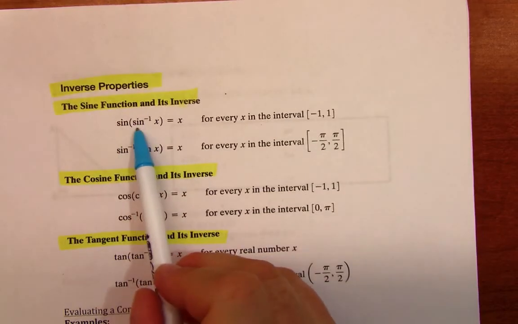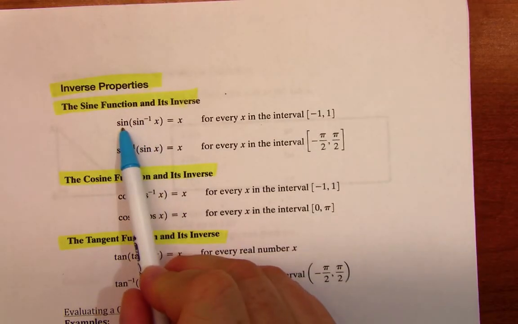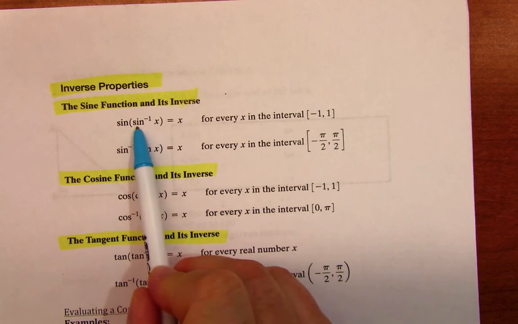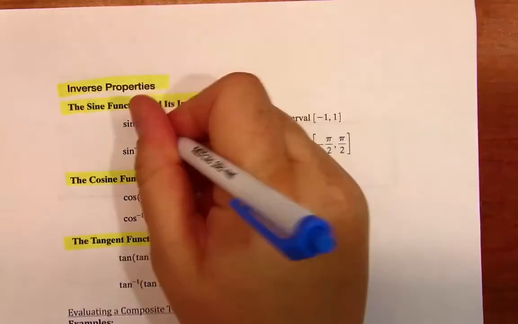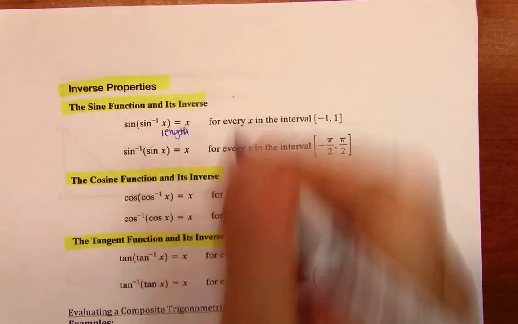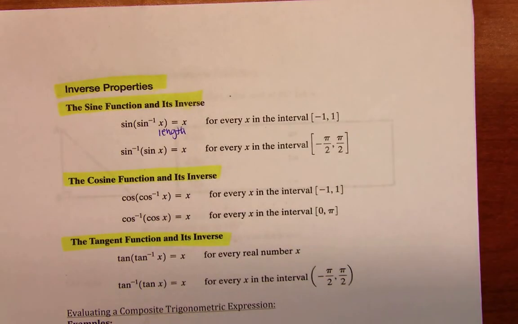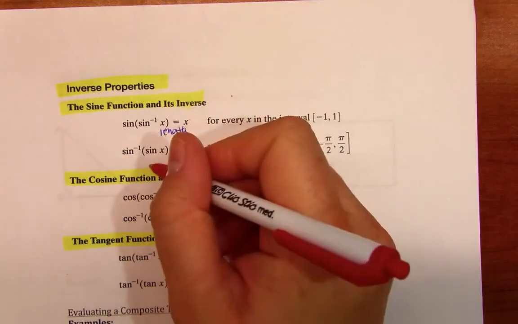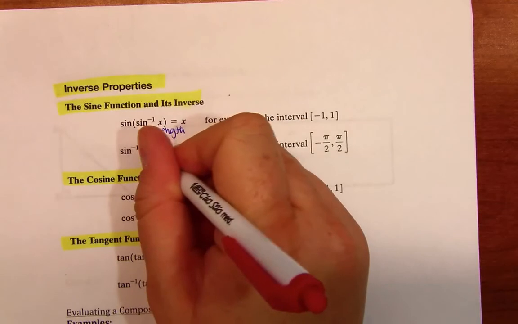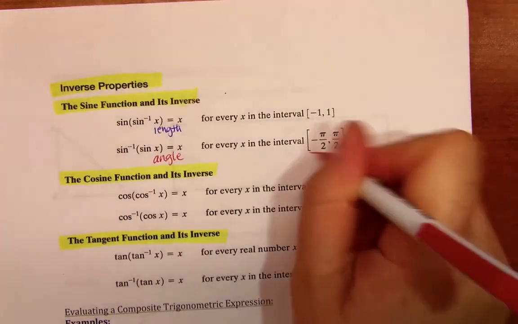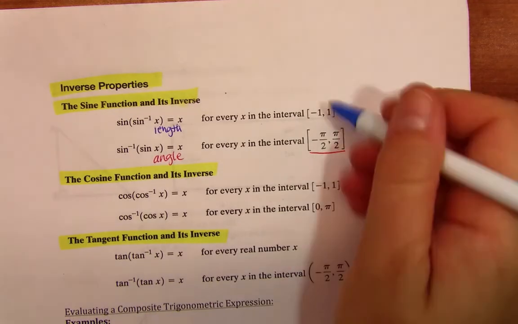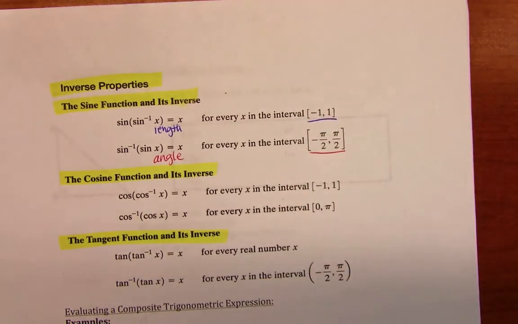Now, what we should get here is if we're taking sine of inverse sine, then we're going to end up with a length. Something like square root 3 or root 2 over 2, a value length, like the length of a triangle. If we do inverse sine on the outside and regular sine on the inside, we're going to get an angle as our answer. And that'll be between here, and then these lengths would be between -1 and 1.